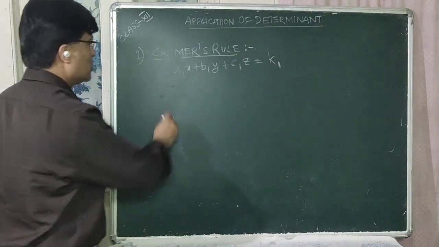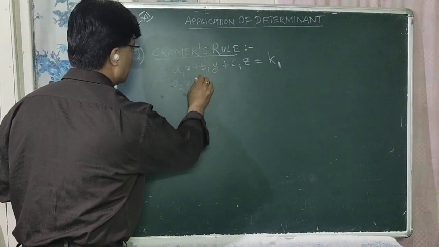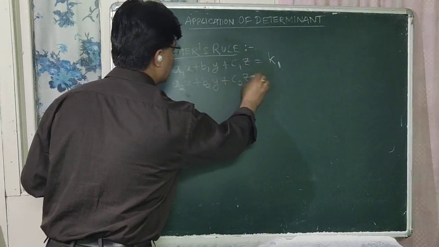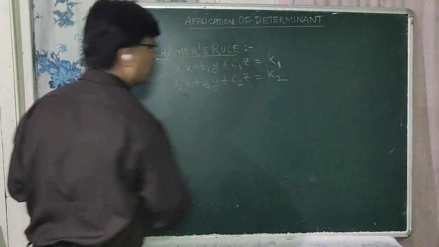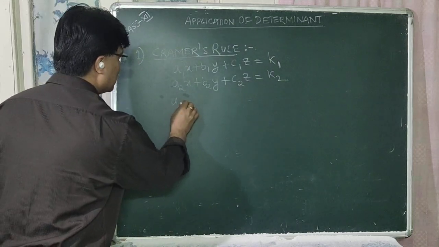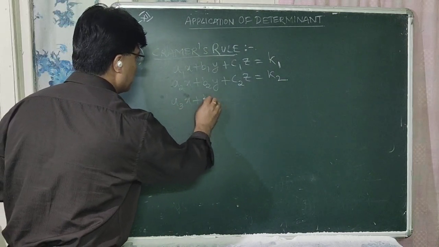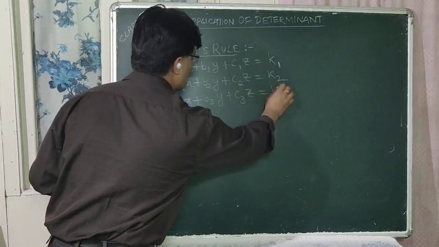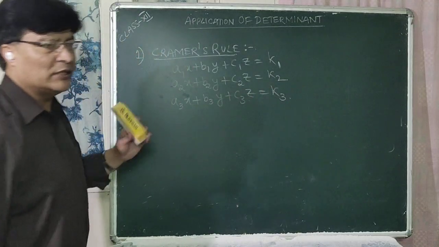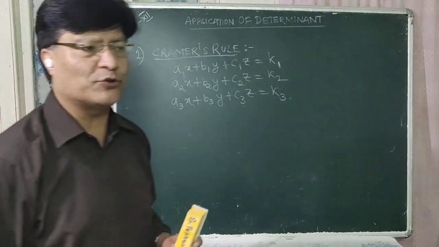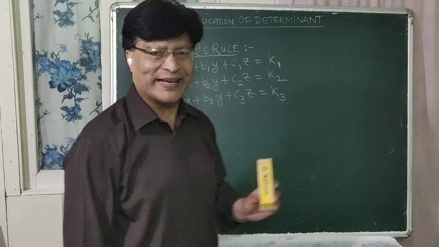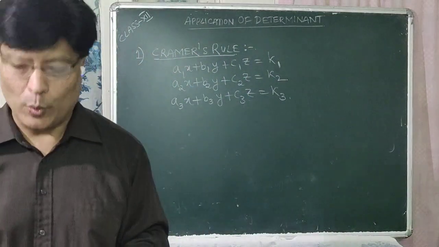Then a2x plus b2y plus c2z is equal to k2. Then write down a3x plus b3y plus c3z is equal to k3. So these are three equations with three unknown quantities. You have to solve it, that is, you have to get the values of x, y and z.